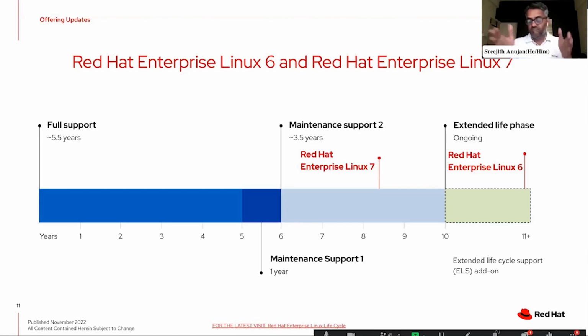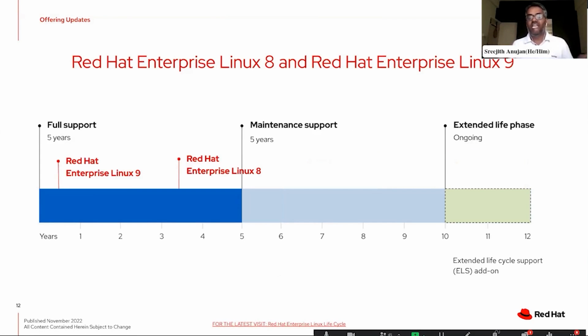This is the lifespan of RHEL 6 and 7. When it comes to 8 and 9, you have 5 years of full support, 5 years of maintenance support, and then an additional extended life cycle beyond that total of 10 years.